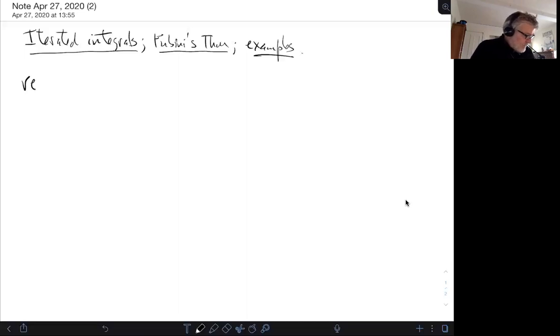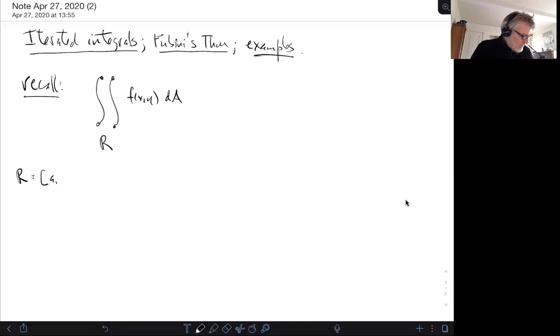So let's just go back to this briefly. I want to compute the double integral of a function f over a rectangle, let's say [a,b] times [c,d].